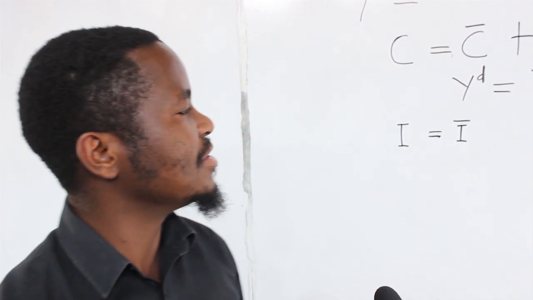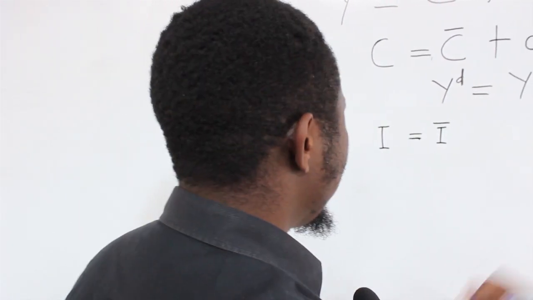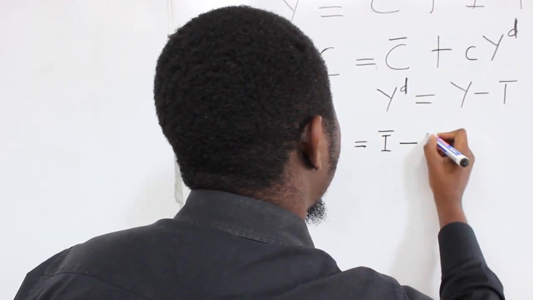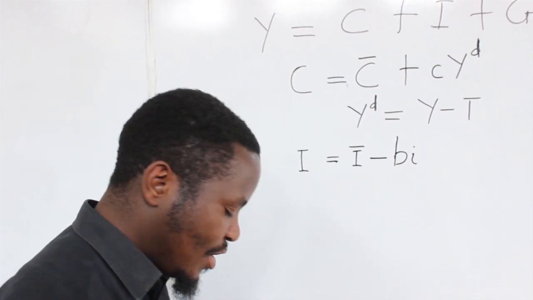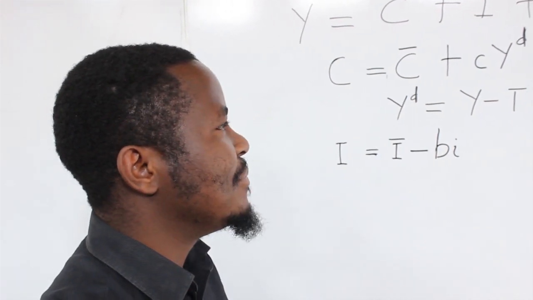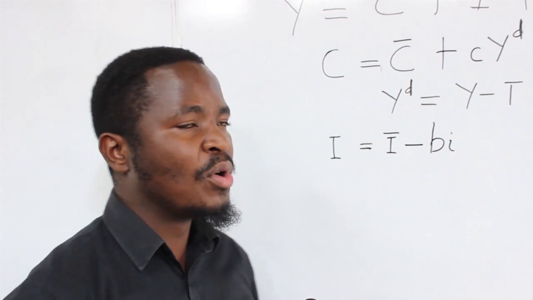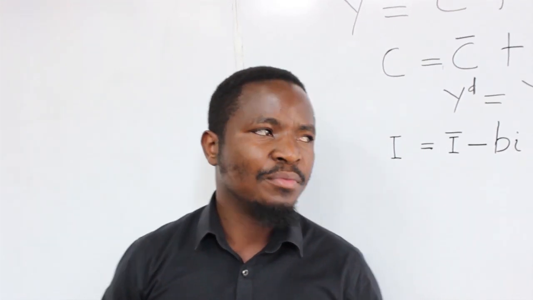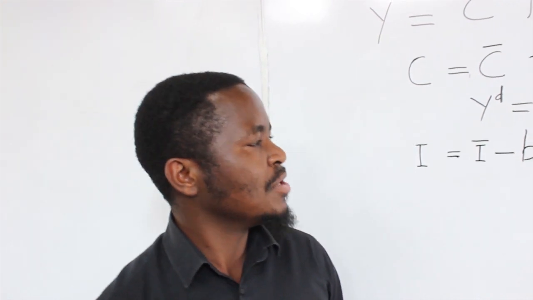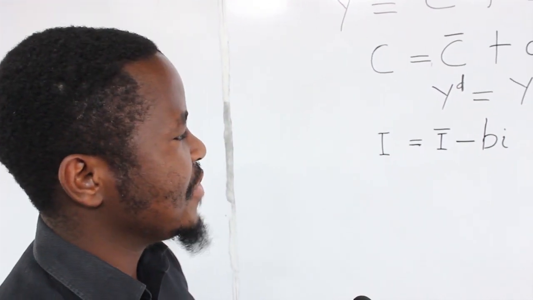So the cost of borrowing is the interest rate. And when the interest rates are high, we expect investments to be low, because the higher the interest rate, the more expensive it is to borrow from financial intermediaries like banks and invest.